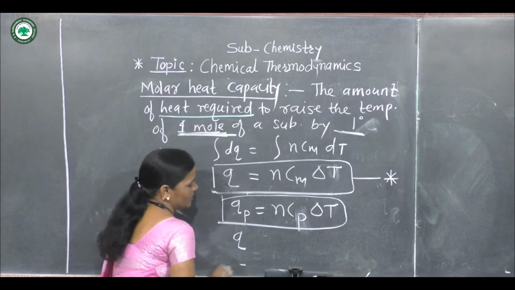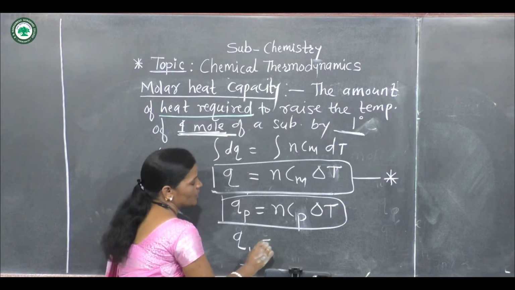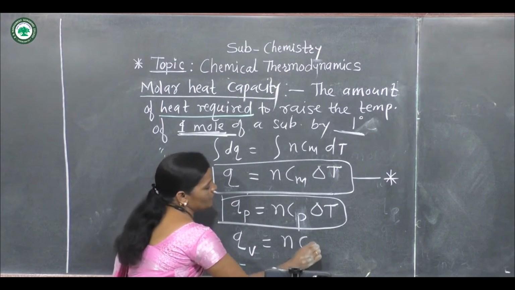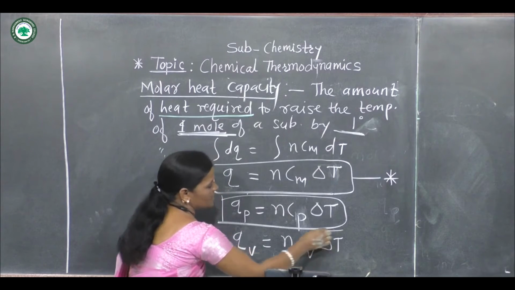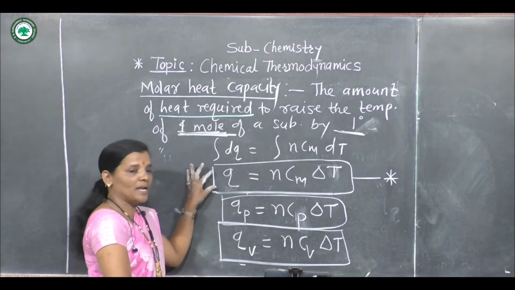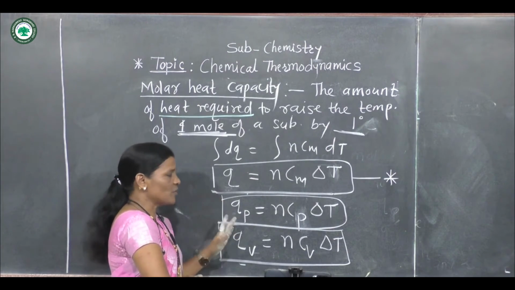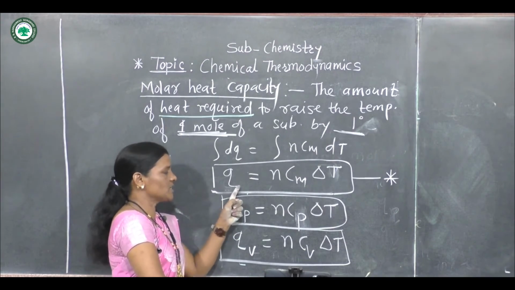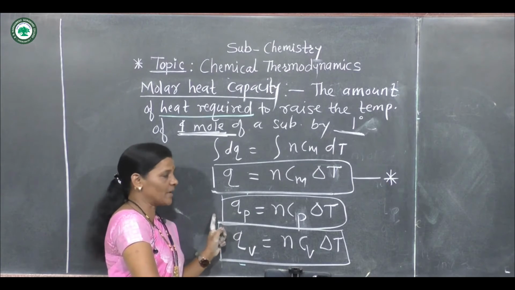Heat required at constant volume is equal to N into Cv into del T. This is molar heat capacity at constant volume. The very same formula we have to apply here. Only the subscript P is written for constant pressure.